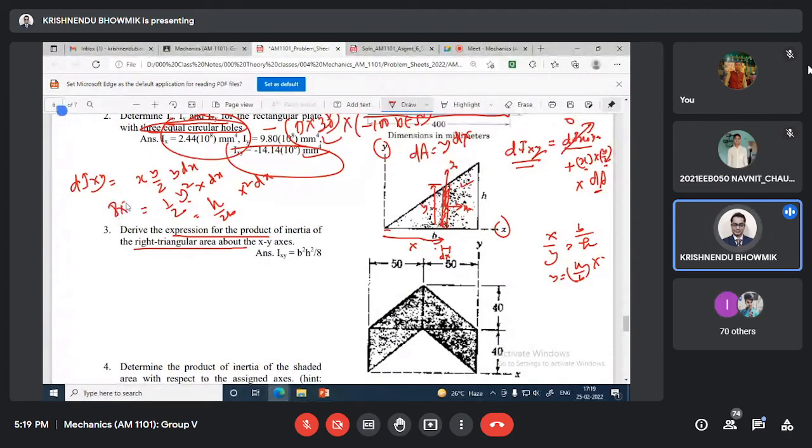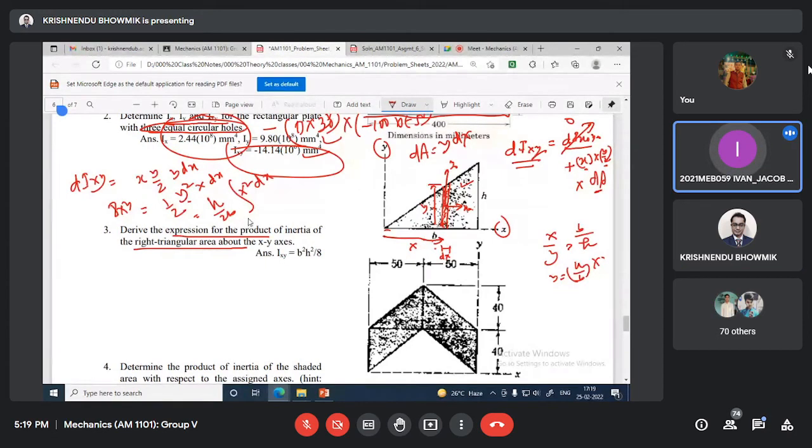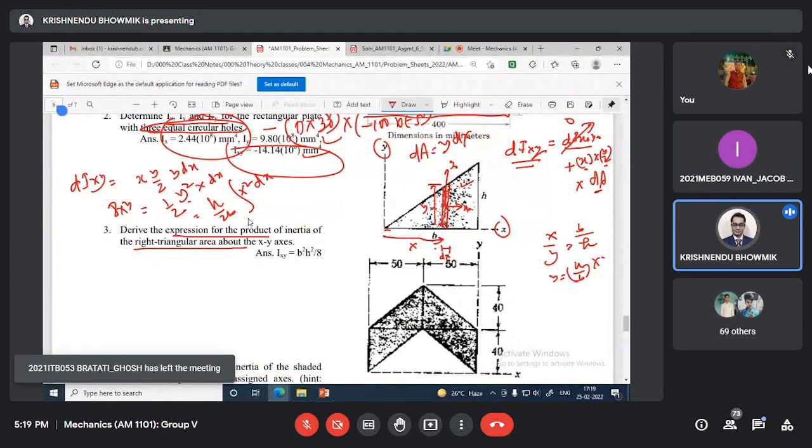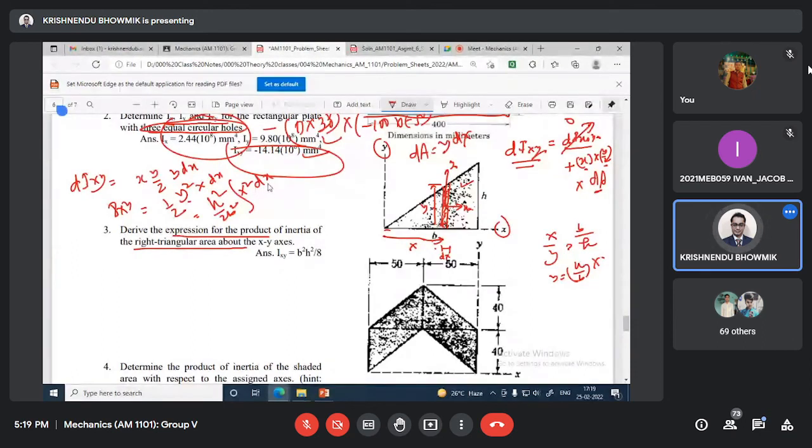Then h square by 2b square, x cube dx, Ixy, do the integration. Sir, h square b square by b square, I missed, correct? Yes, this one I missed. Yes, thank you. So this x cube dx integration is over x varying 0 to b.